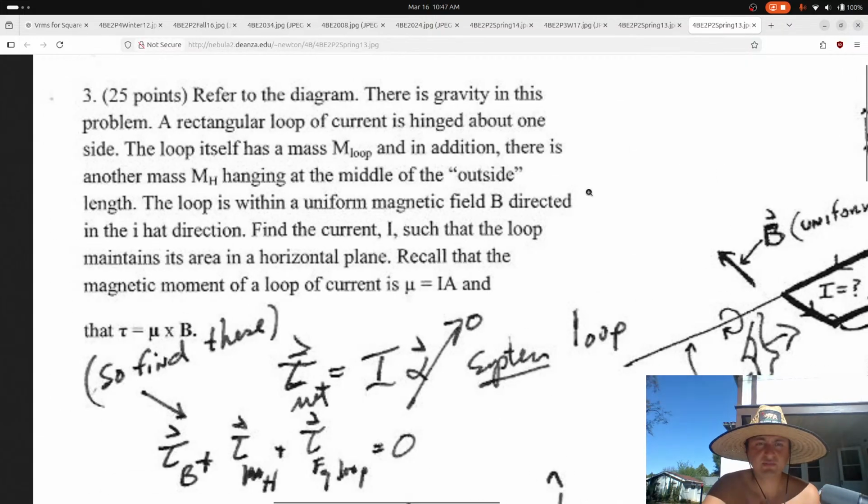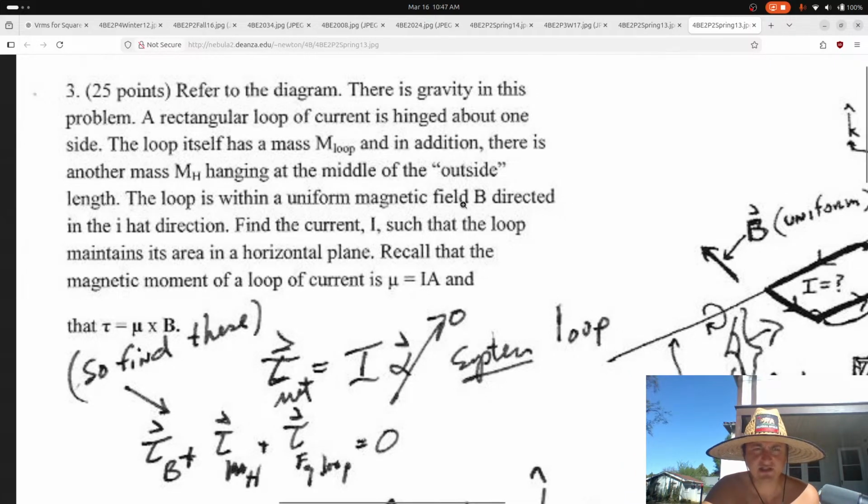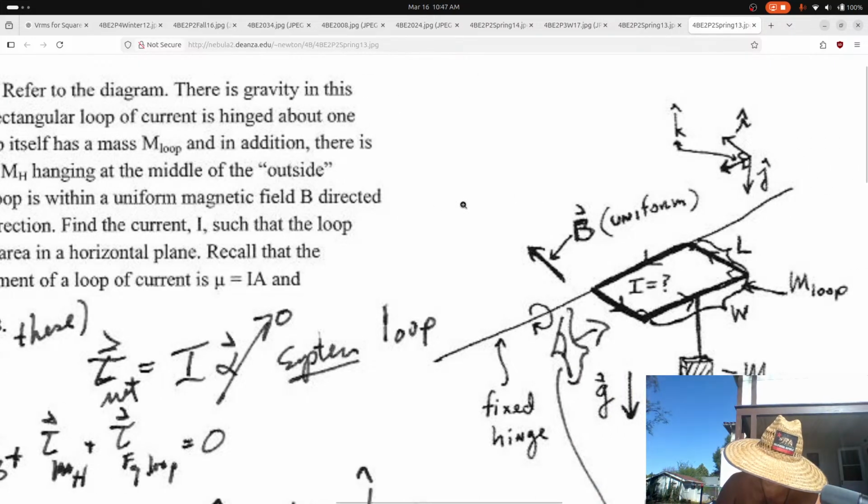So wait, what is the actual problem now? Loop is within a uniform magnetic field B directed in the I-hat direction. Find the current I such that the loop maintains its area in a horizontal plane. Okay, so tau equals I alpha. This is the loop. Then this is 0, solve.